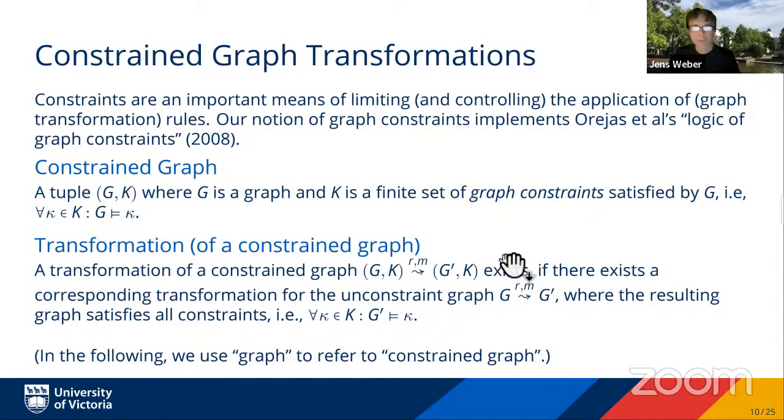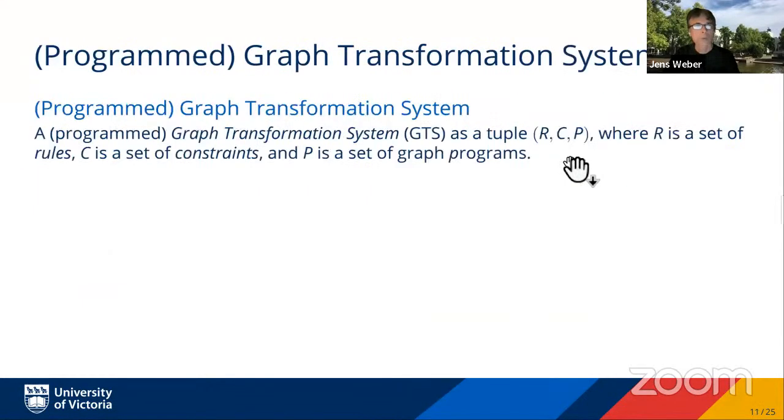These constraints that we support are based on the paper "A Logic of Graph Constraints". And then our notion of a programmed graph transformation system is ultimately a three-tuple, where we have a set of rules, a set of constraints, and a set of graph programs.